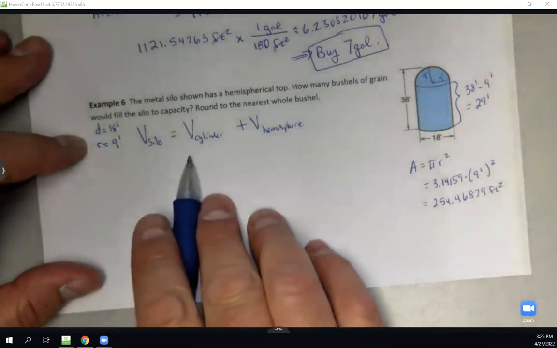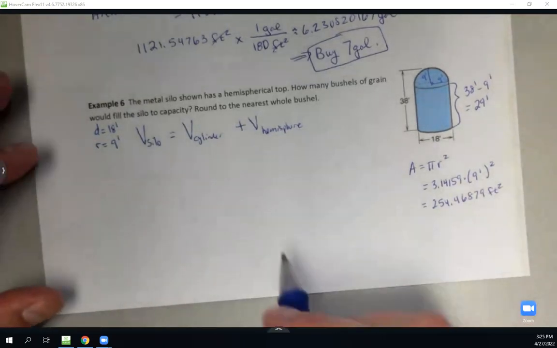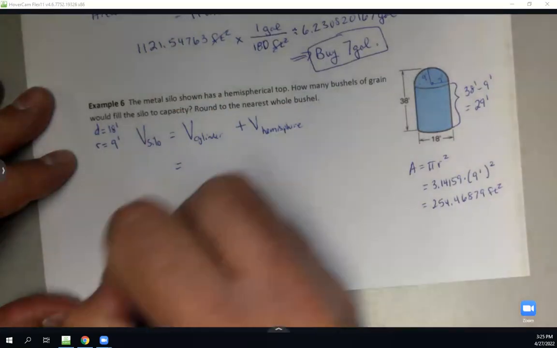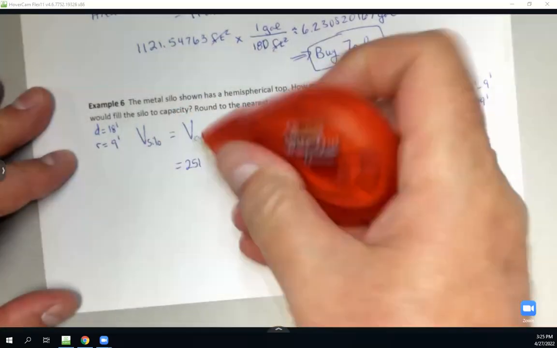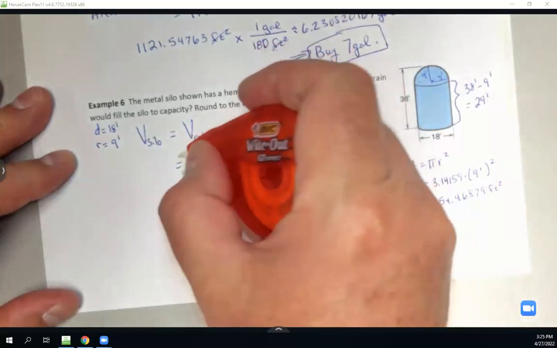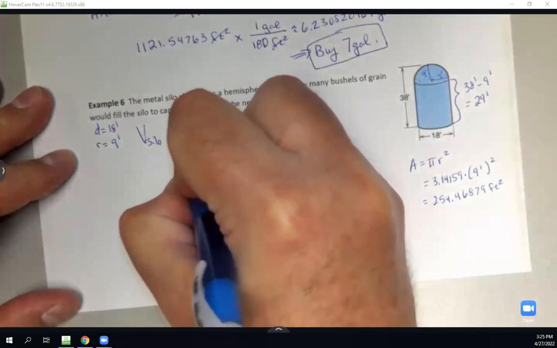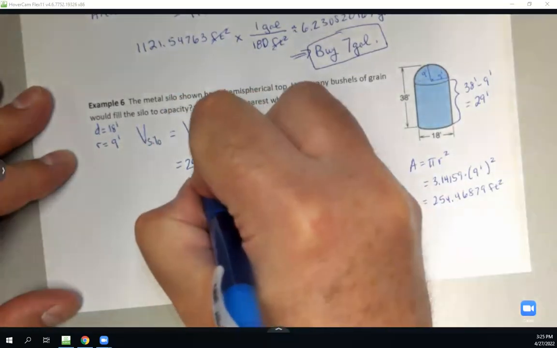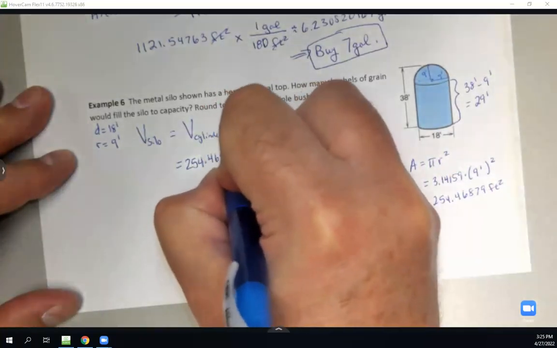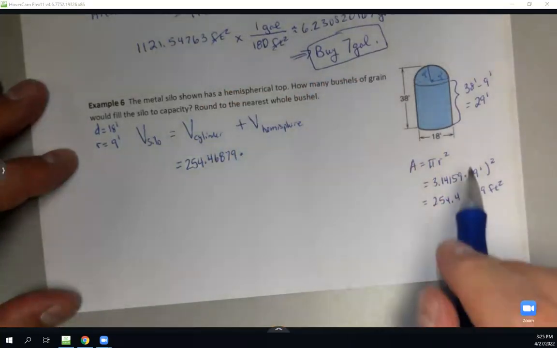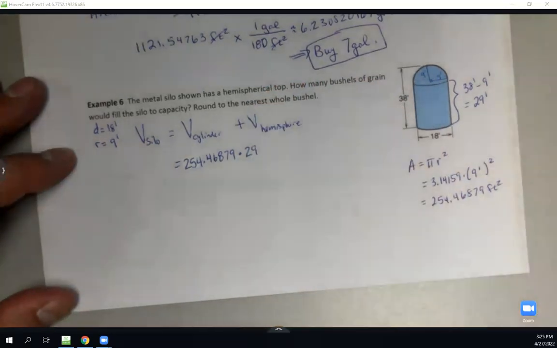So the volume of the cylinder is going to equal the area times the height of the cylinder. So the volume of the cylinder is going to be 254.46879 times the height, 29.